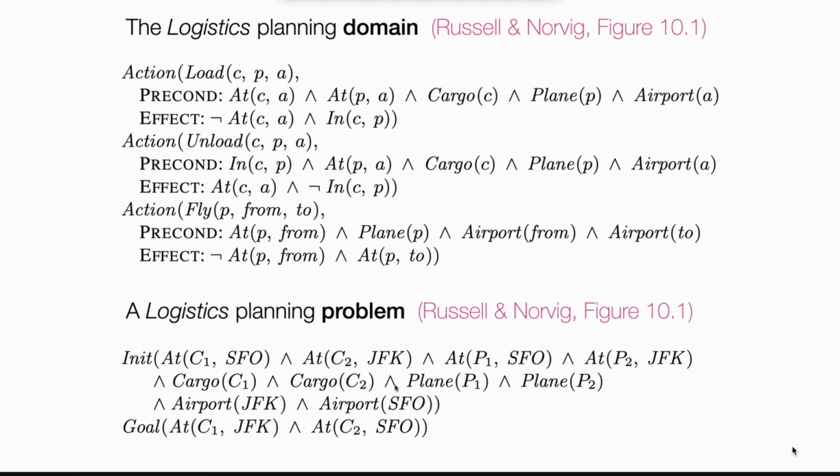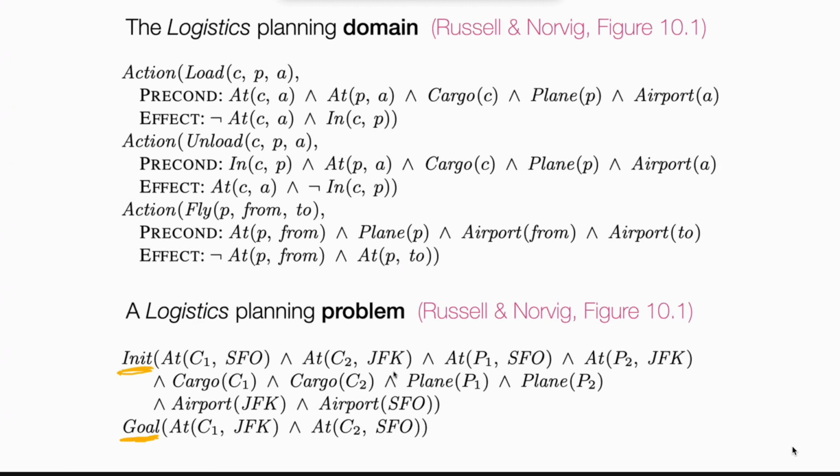At the bottom of this slide is a specific problem expressed in the language of the domain. We have the logistics planning domain at the top, and one possible logistics planning problem at the bottom. That problem is expressed as an initial state and a goal state. That's how we fully specify a planning problem.